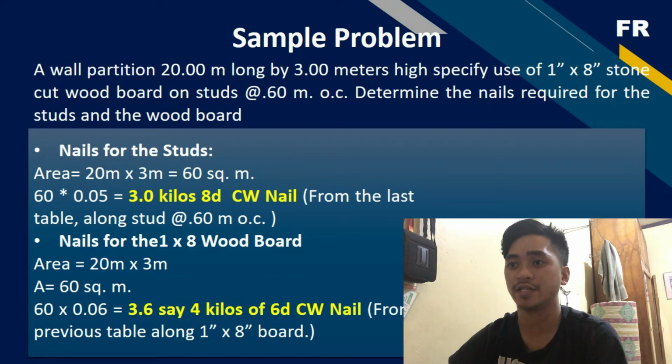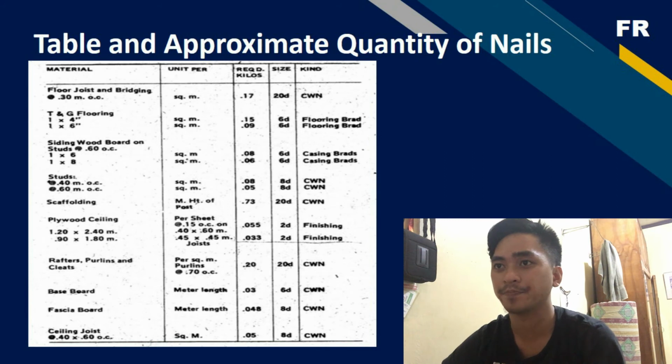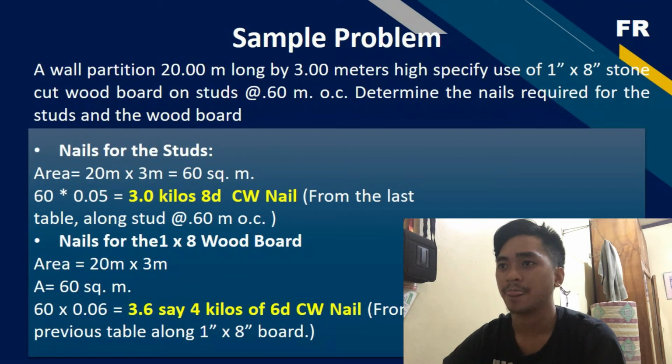Next is nails for the 1 by 8 wood board. First, again, we take the area, and then looking back at the table, for wood board 1 by 8, we multiply it by 0.06.